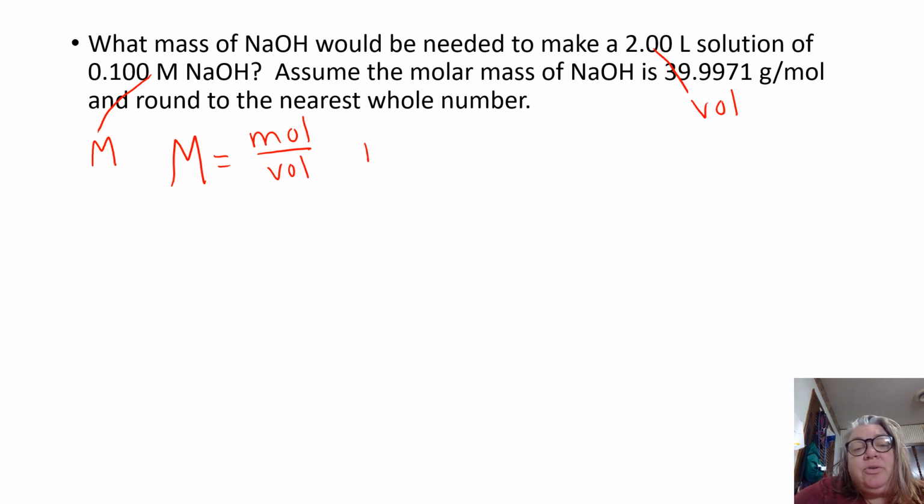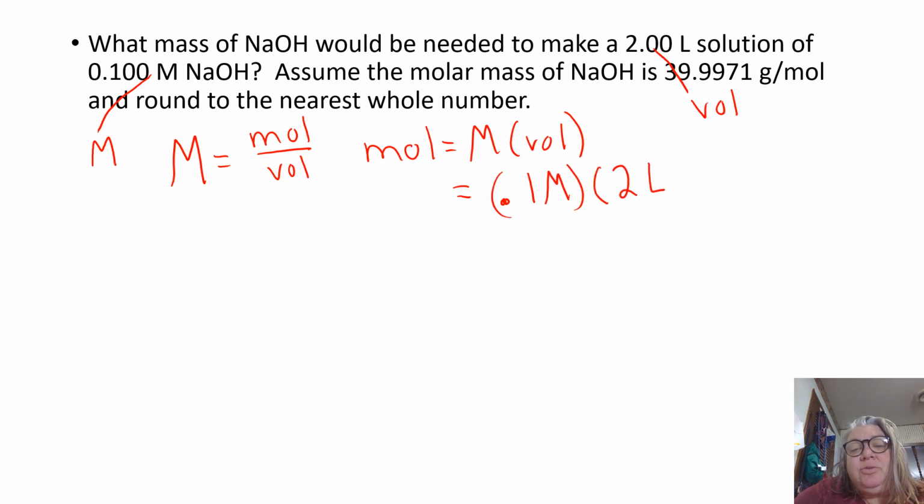What we're going to do is rearrange that and solve for moles. Moles is molarity times volume, which we know we have 0.1 big M, and we have 2 liters. And remember, you always have to change that to liters just in case they try to trick you and put that into milliliters.